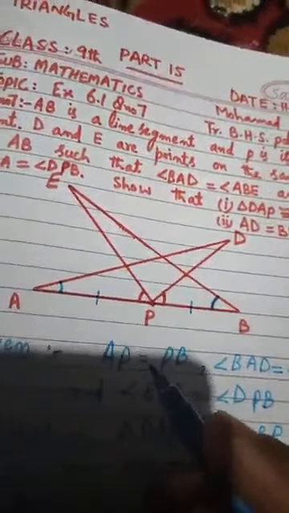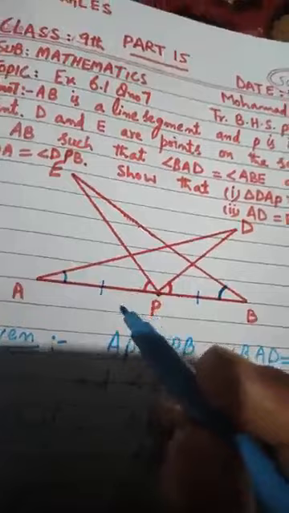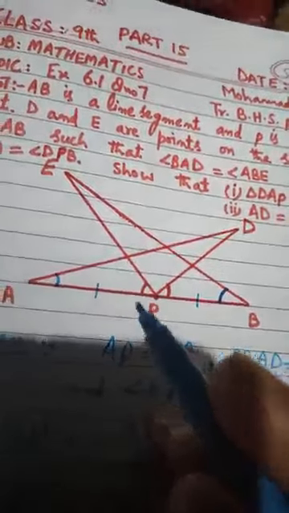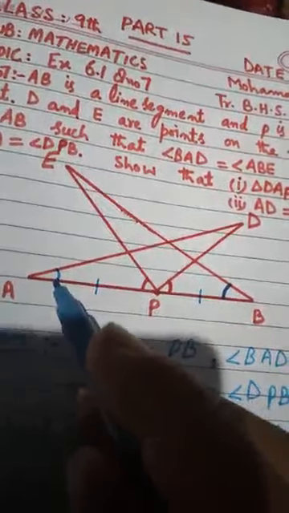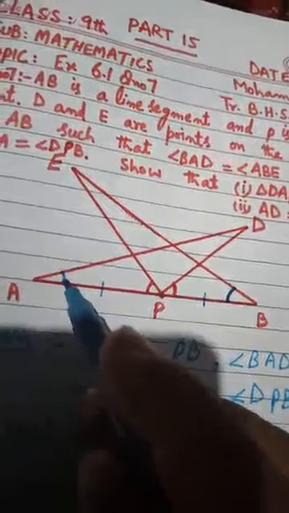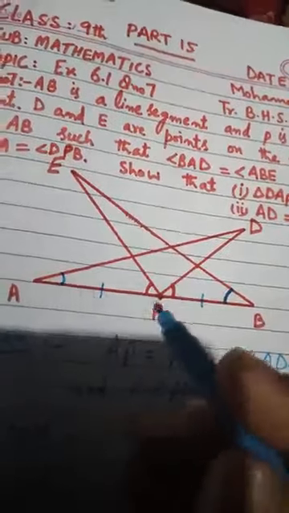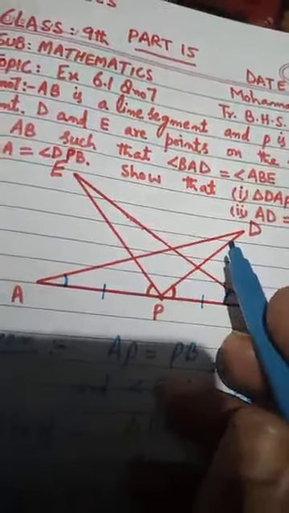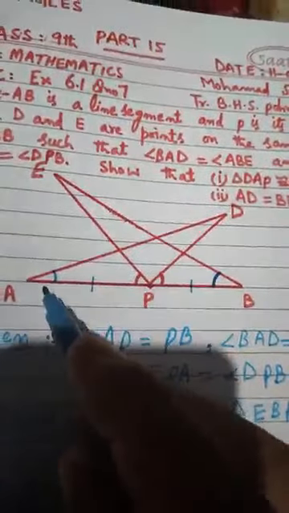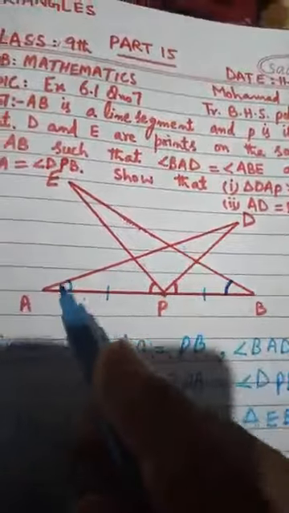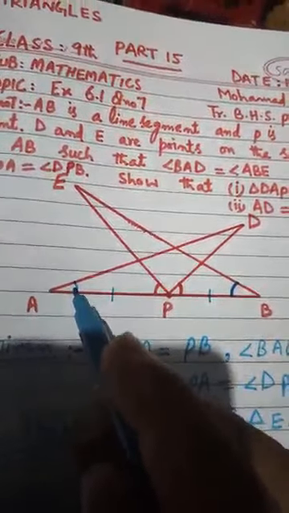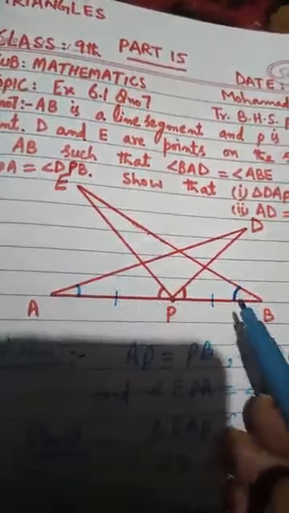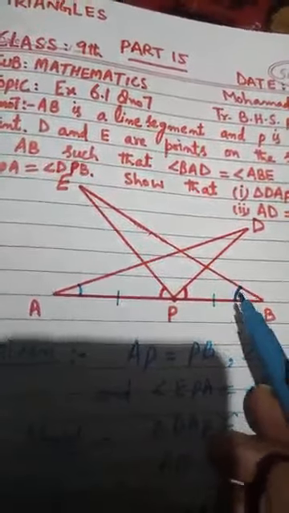First of all, if you see closely, in triangle APD we have this angle A, which is equal to angle B of the next triangle.